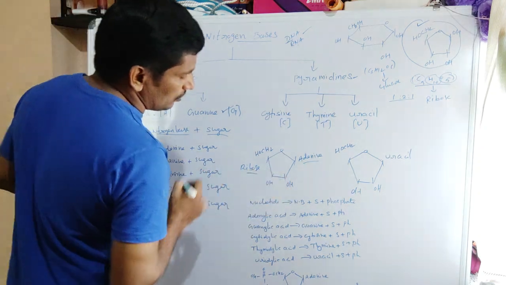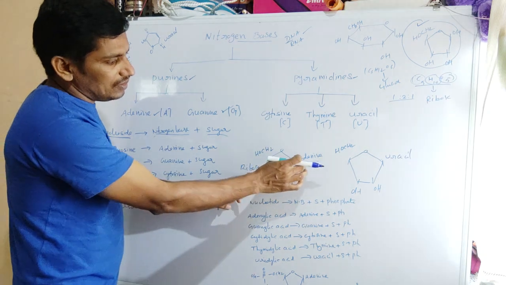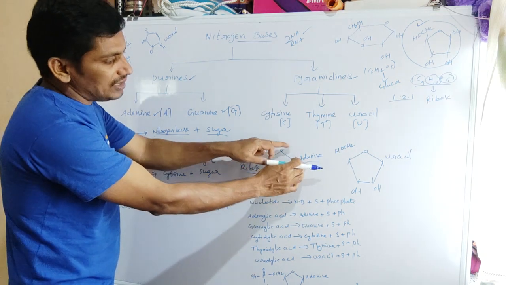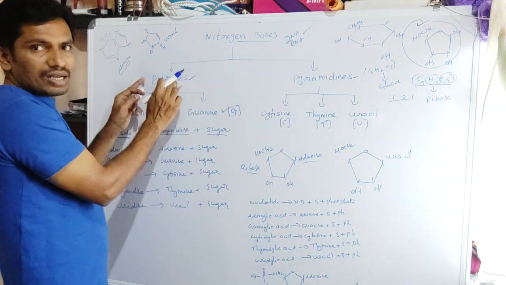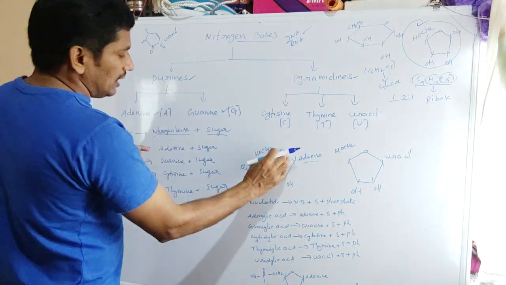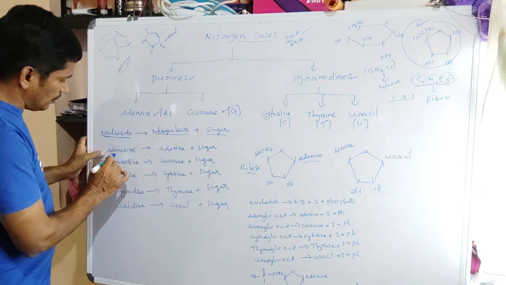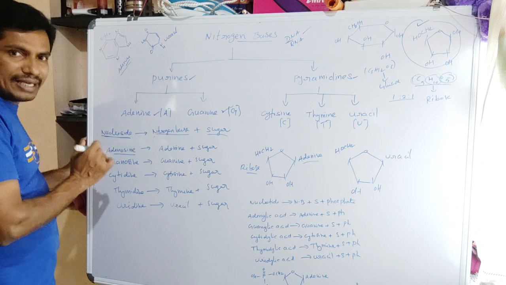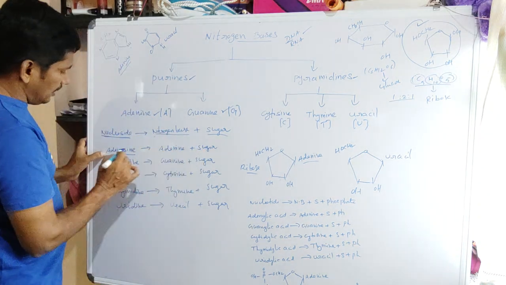This structure is the adenosine, sugar plus one nitrogen base. The nitrogen base is adenine, which is a purine. Sugar plus nitrogen base is called the nucleoside. Adenine plus sugar, adenosine.